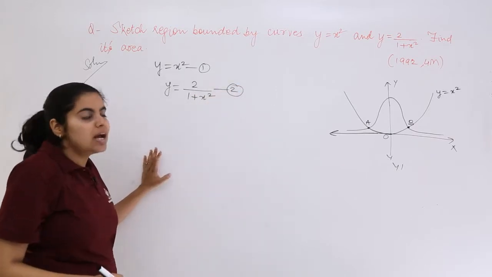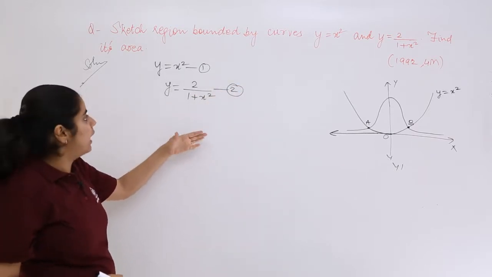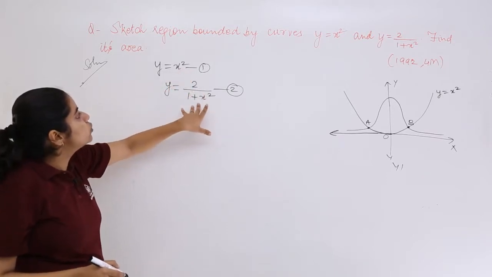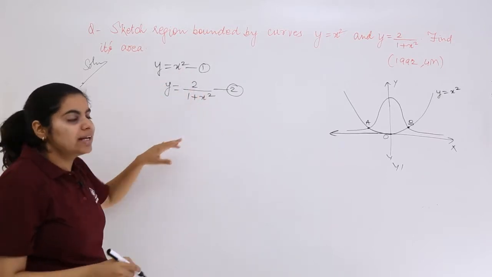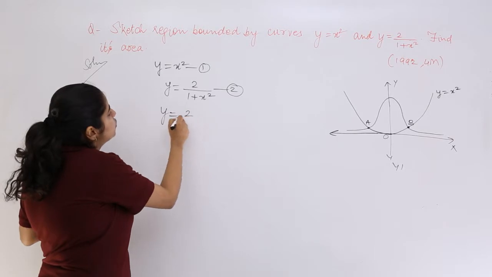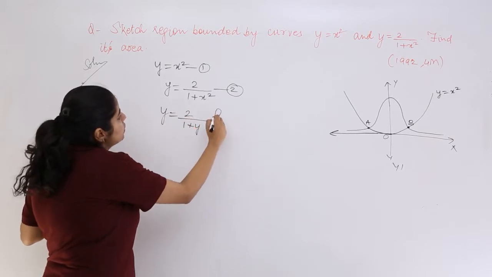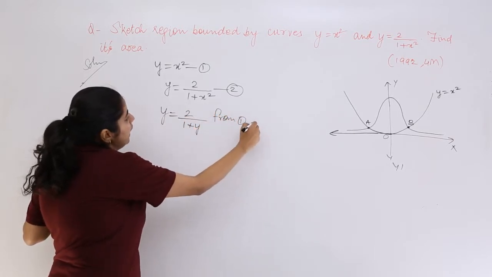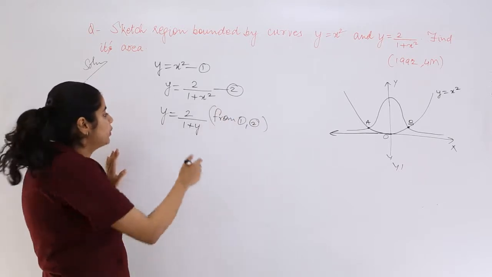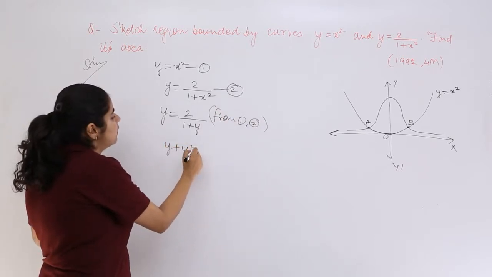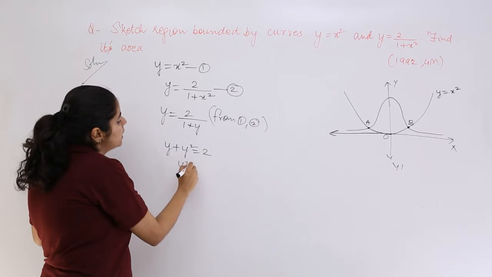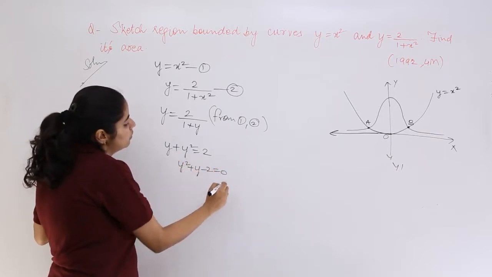So what I do is I simply find the values of y. I know that x² is y, so directly I can put it here: y = 2/(1 + y). So from 1 and 2 I can say that, let me cross multiply, y + y² = 2, or y² + y − 2 = 0.